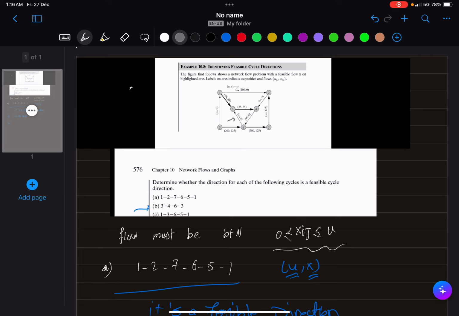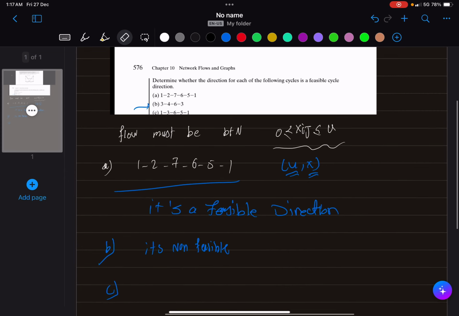It's backward, so it will become what? Negative 1. So it's wrong. In the other direction, this will become 124, this becomes 1. Okay, this is a problem. So it's also non-feasible.